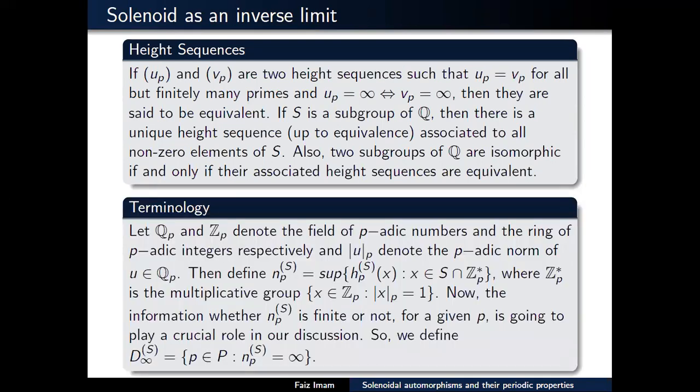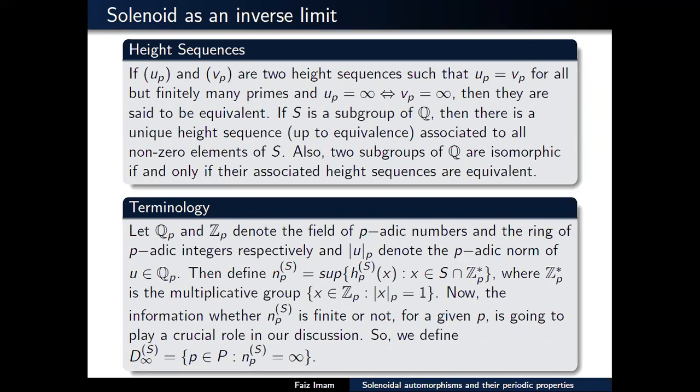Okay, a couple more terminologies which I'll be using for the result: let Q_p and Z_p denote the field of p-adic numbers and the ring of p-adic integers respectively, and |·|_p denotes the p-adic norm.